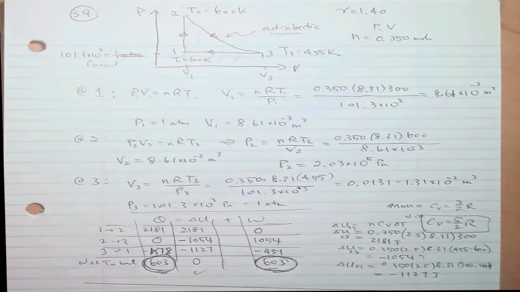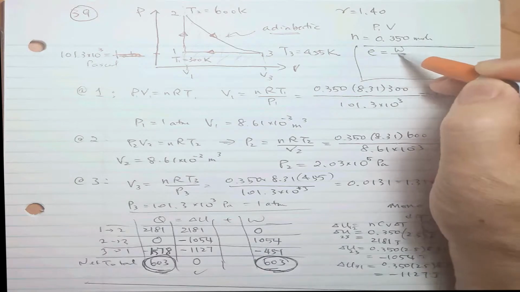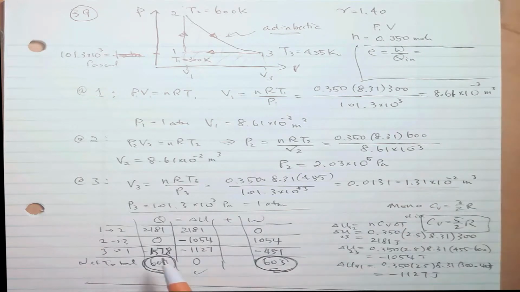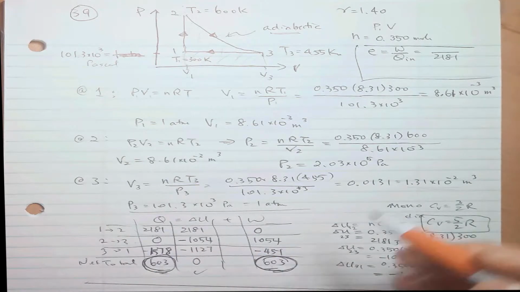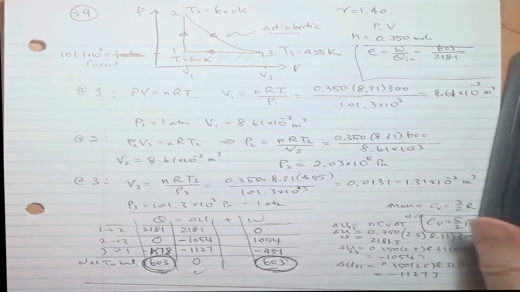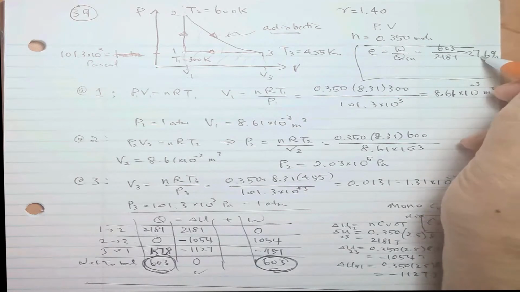And then part E, the question is, what is the thermal efficiency of the engine? Well, thermal efficiency is the work done divided by the Q in. If you look, the only positive Q is 2181. The work done is 603, so we divide the net work 603 by the heat input 2181, and you get 27.6%.